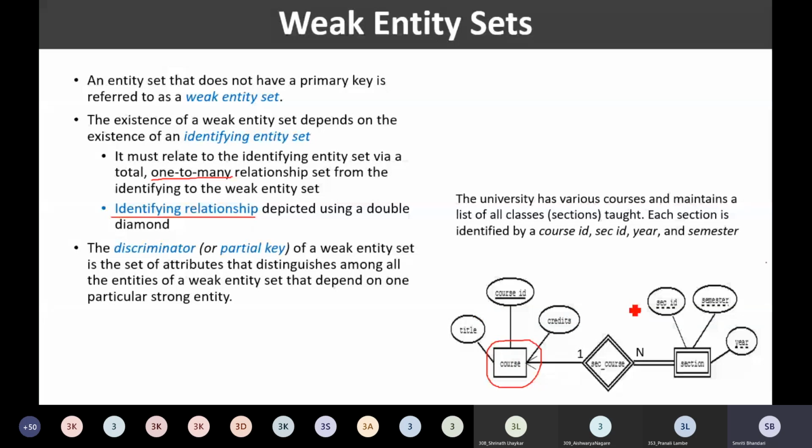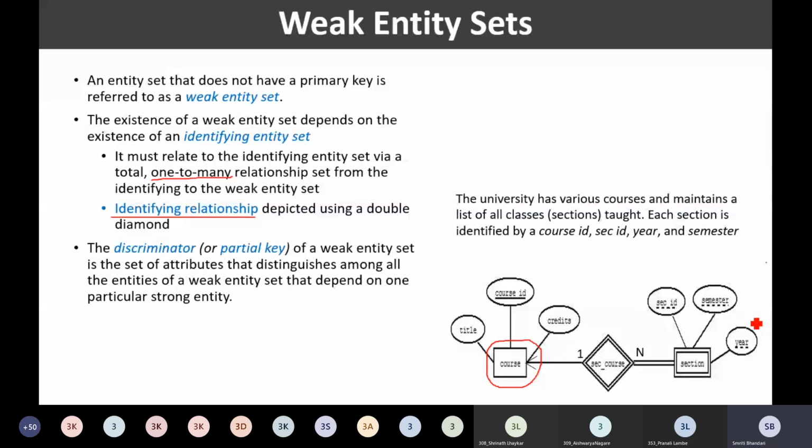So all the entities stored in the weak entity set depend upon a particular strong entity stored in the associated strong entity set. The attributes of a weak entity set help me to distinguish among the entities in the weak entity set that depend on a particular entity in the strong entity set.